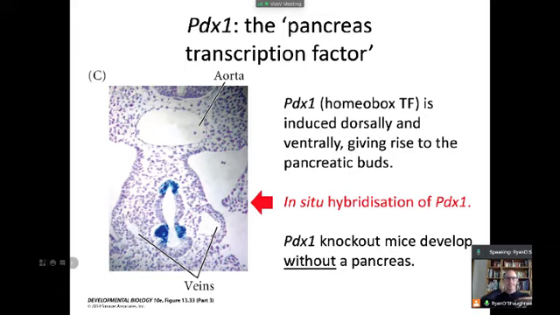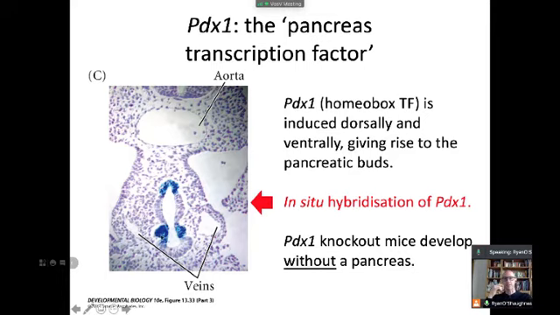And in this in situ hybridization of PDX1, where again in situ hybridizations we're using an antisense probe to the PDX1 RNA, and that's labeled with an enzyme that can turn a dye from colorless to blue. Wherever we see blue coloration is where we see the expression of PDX1.